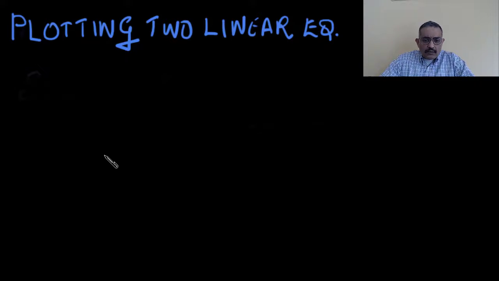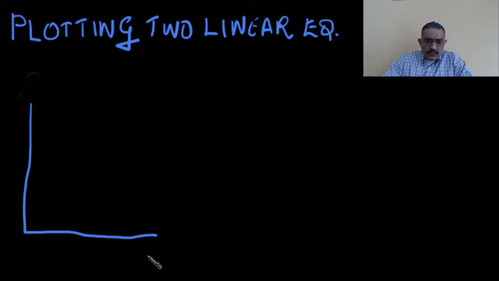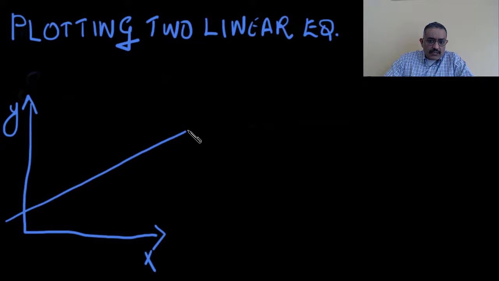Now, there are three fundamental options when we would plot a set of two linear equations. So let's look at the first option. So this is the x-axis, this is the y-axis, and let's say that this essentially is the plot of our equation 1.